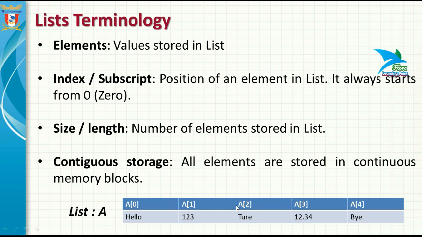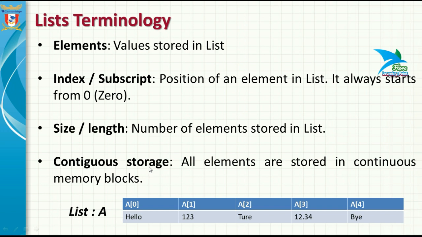The name is the same, that is A, but the identity of each element is its index. Hello is stored at index 0, 123 is stored at index 1. Next we have size, or you can say length. The number of elements stored in a list is known as the size or the length of a list.